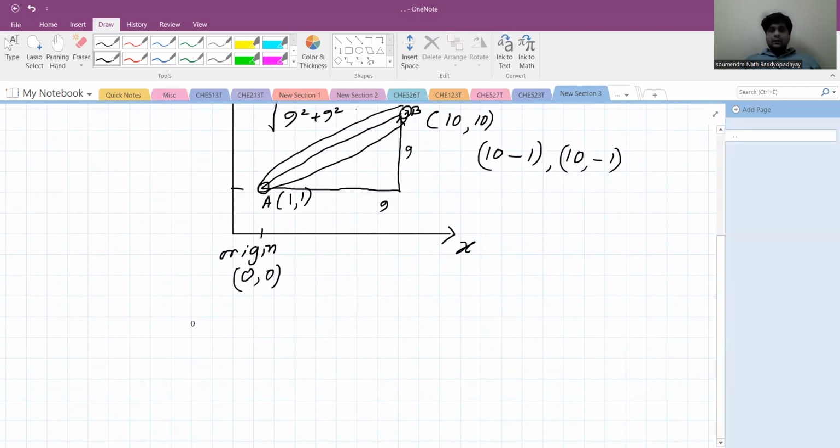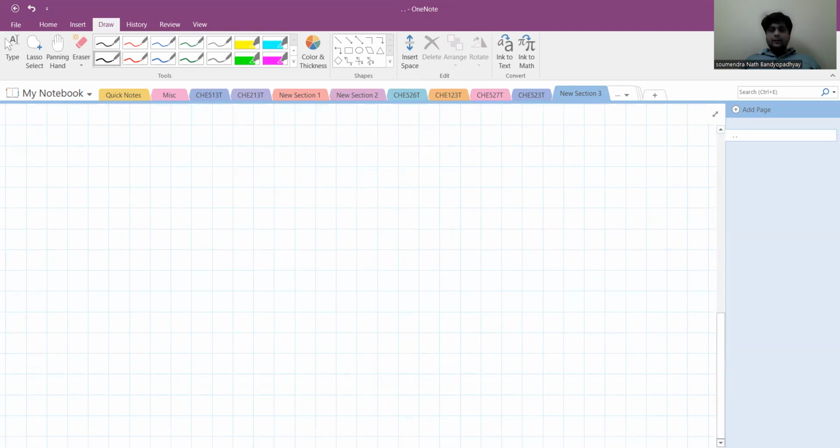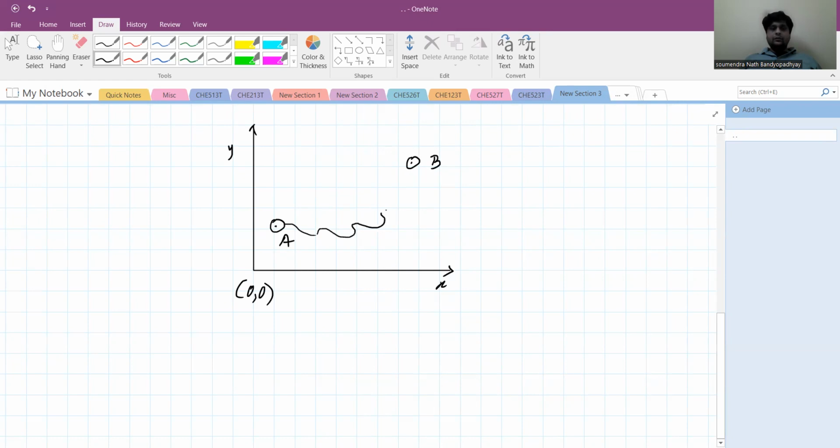Now let us discuss a different problem. Again, there are two axes x and y starting from the origin 0, 0, and one person again wants to go from point A to point B, not by a straight line. So now he wants to go by this path, this curvy path. So what happens then?